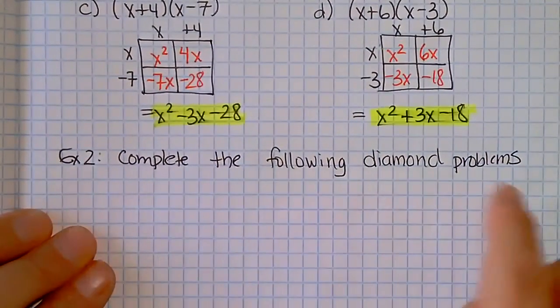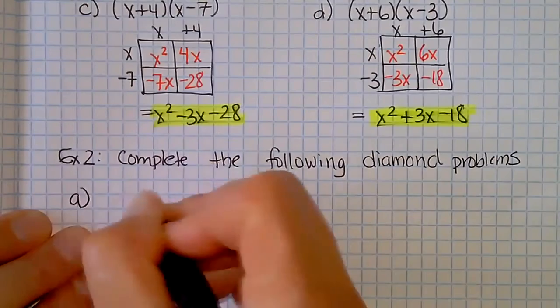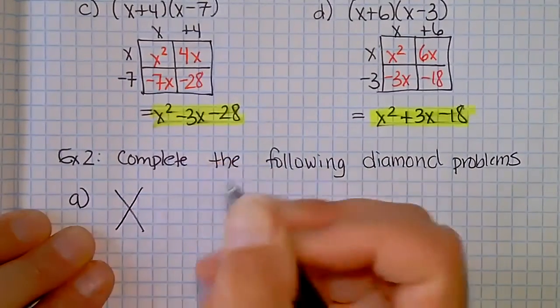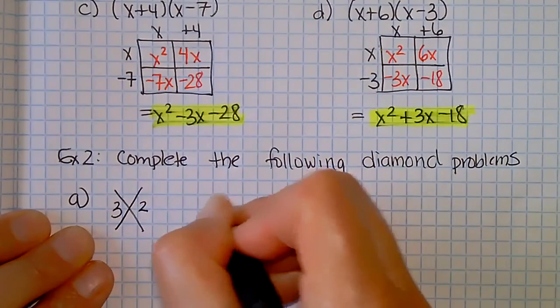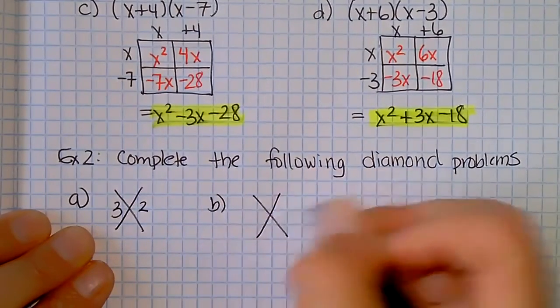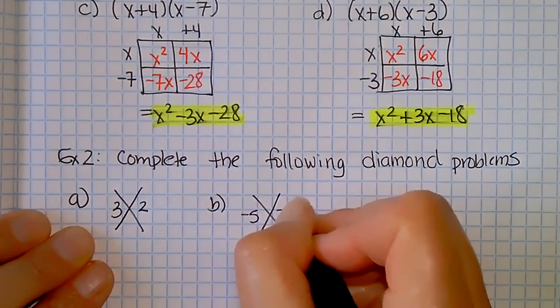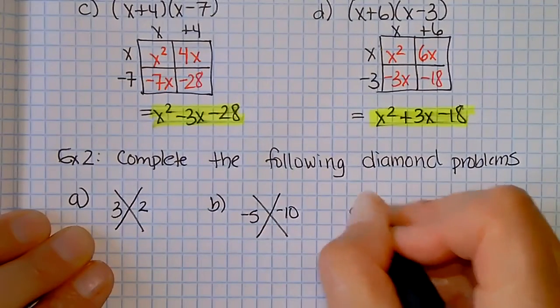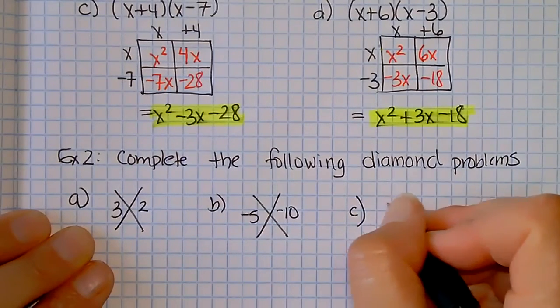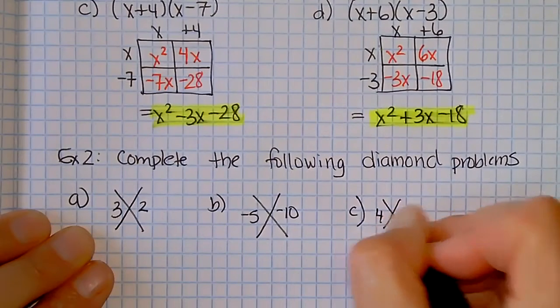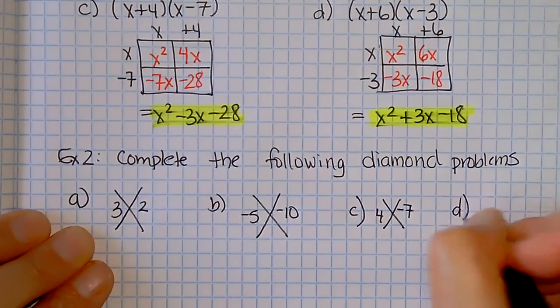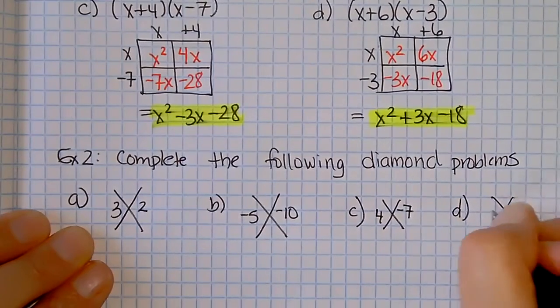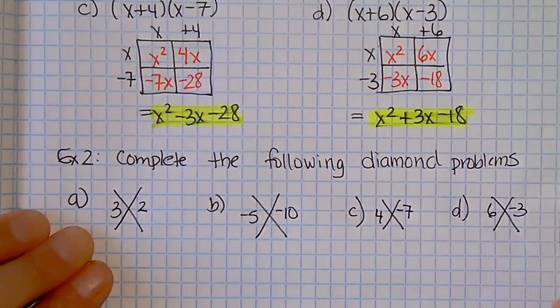So I'm going to write 4 going across. First one, 3 and 2. Second one, negative 5, negative 10. Third one, 4, negative 7. And last one, 6 and negative 3.